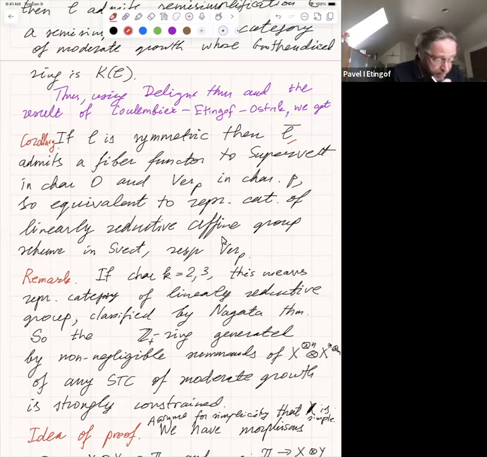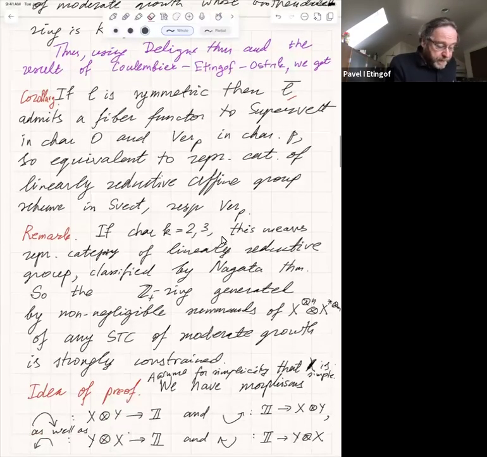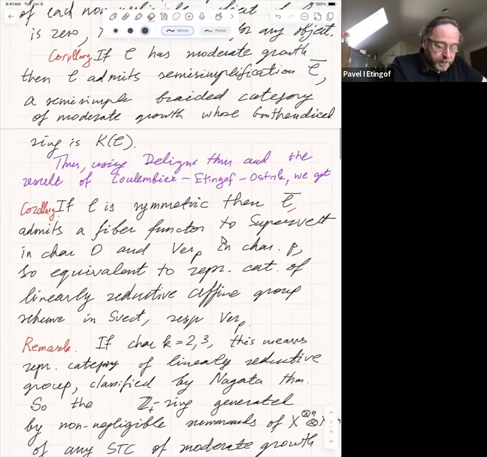So that gives us a ring, and these rings are extremely constrained because they all have to come from groups of this sort. Okay, any questions up to this point? Okay, so let me now proceed to the proof.